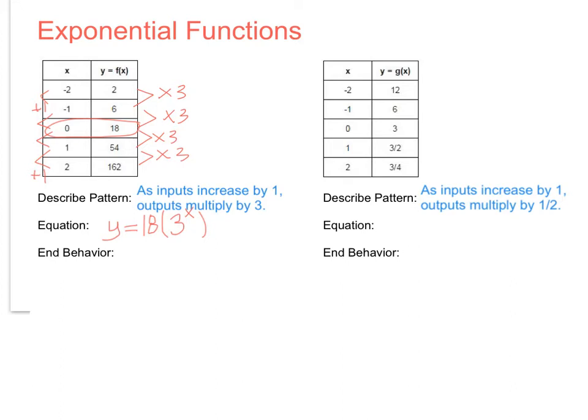Since 3 to the 0 power is 1, and 1 times 18 is 18, it gives us an output of 18. Similarly, if we were to plug in -1 for our x value, 3 to the -1 is 1/3. 18 times 1/3 is 6, so we get our output. So that value out in front, again, the initial value, it's the output when x equals 0.